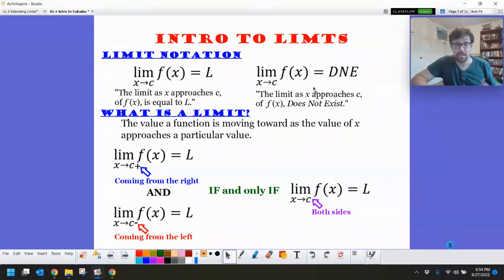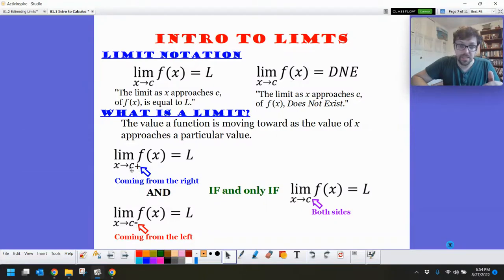That's our limit. Now, not all functions have limits everywhere, so a function's limit could not exist. We would just write DNE. In order for a limit to exist, we make two little mini limits. We put a little plus sign and a little minus sign, kind of like exponents.